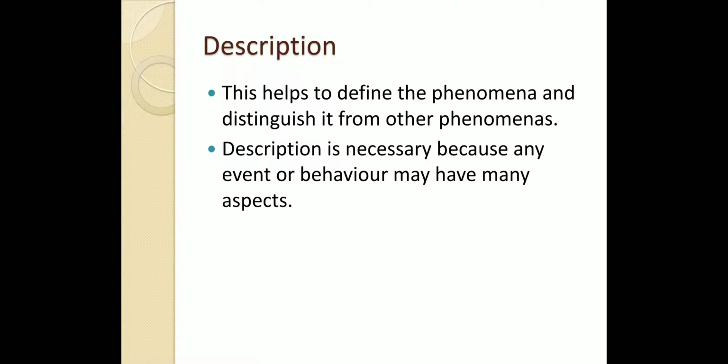So, we need to describe the event in very clear and precise words, as accurately as possible. For example, the idea of enjoyment varies from reading books to going to pubs depending on the individual. The recording of an event or behavior is an integral part of the description.